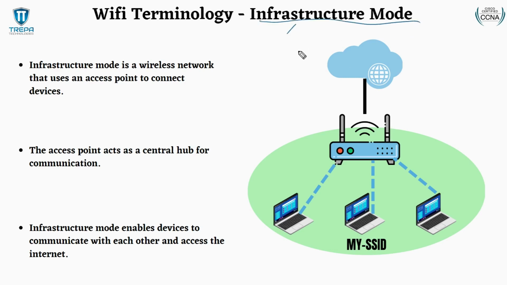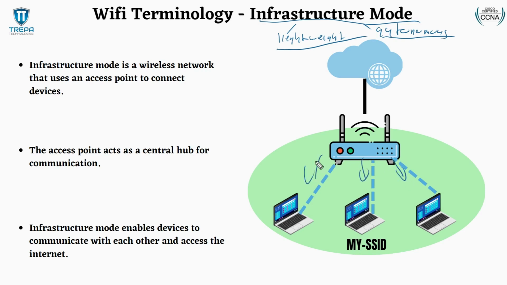And this infrastructure mode is kind of that umbrella term. We have a lot of different architectures. We have lightweight mode for our access points. We have autonomous mode for our access points. And these describe different ways to deploy and manage access points, but they all fall under infrastructure mode, right? Because we have hardware that is the central processor, the brain for our Wi-Fi network.